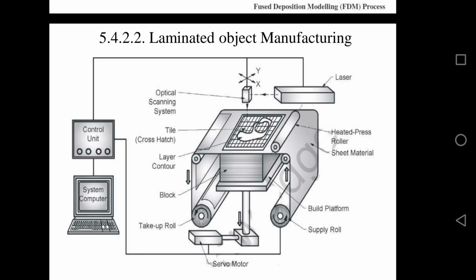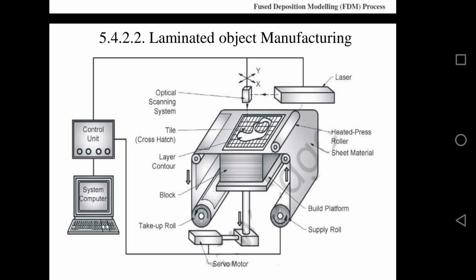So what is the working principle of laminated object manufacturing? Well, the first step is the creation of a 3D model in any graphical package. Then we need to generate STL files, take care of part orientation, check the STL files for defects, and transmit the STL files to the format that the machine understands.